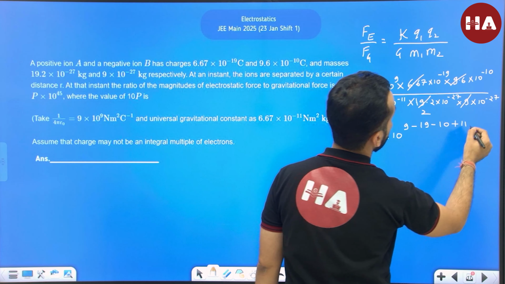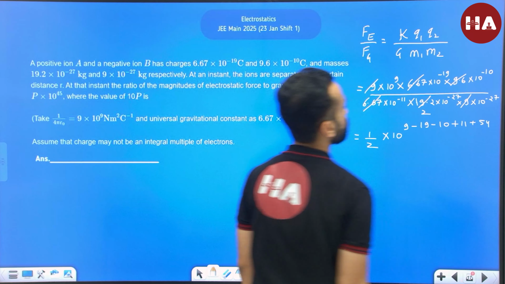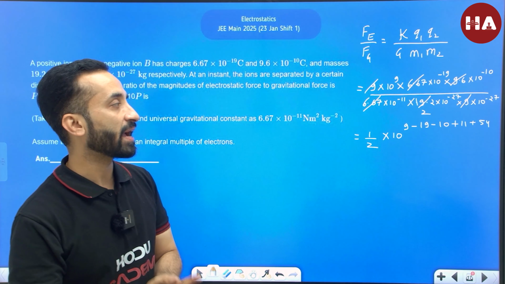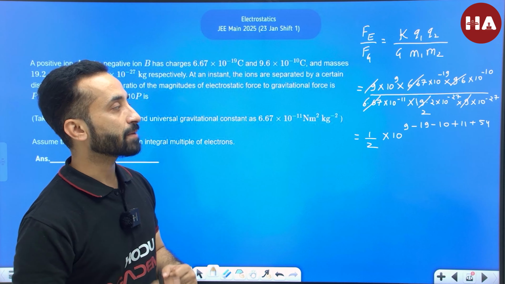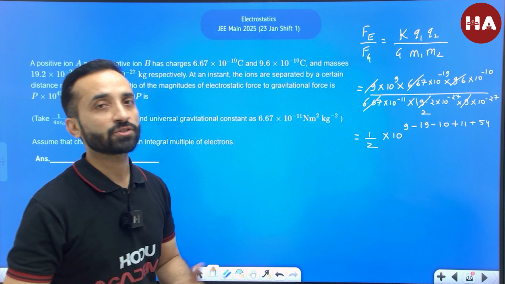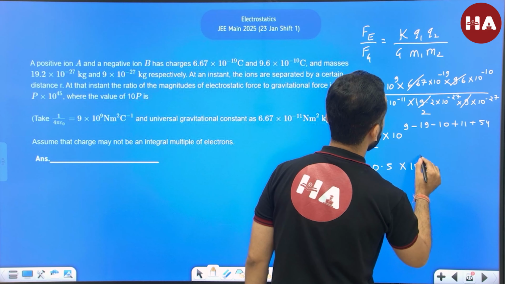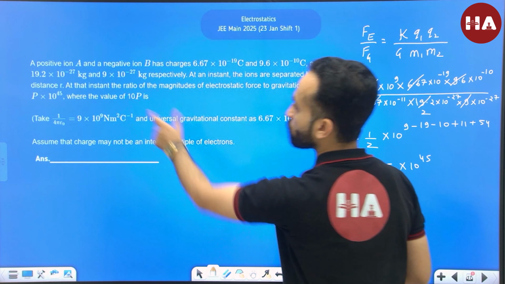Plus 11, and this is going to be plus 54, 27 and 27, right? So this is going to be minus 10 and minus 10, so it's like minus 20, and this is like plus 65. So 65 minus 20 is like 45. So it's like 0.5 into 10 raised to the power 45. That's what they have given us.